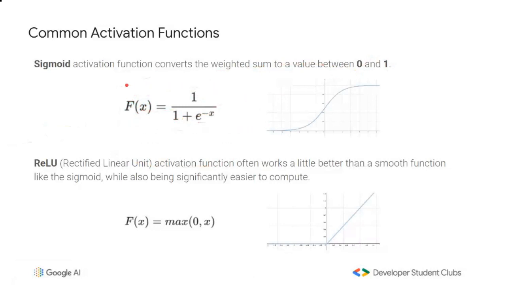I guess in 11th to 12th standard you might have learned this in the derivatives or differential integral chapter if you are from a mathematical background. So x is taken as an input, and we process 1 upon 1 plus e to the power of minus x. Whatever input we give, if the value is above the threshold, we will consider it as 1. If it is below the threshold, we will consider it as 0.